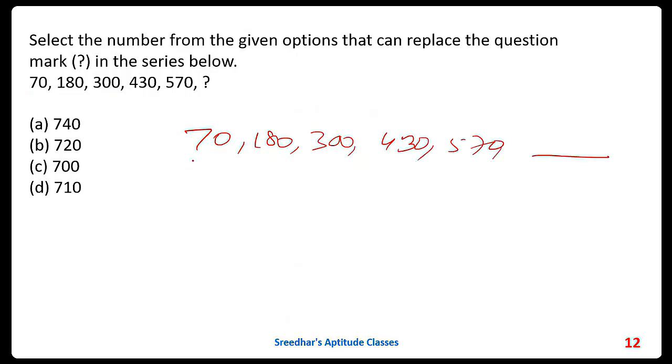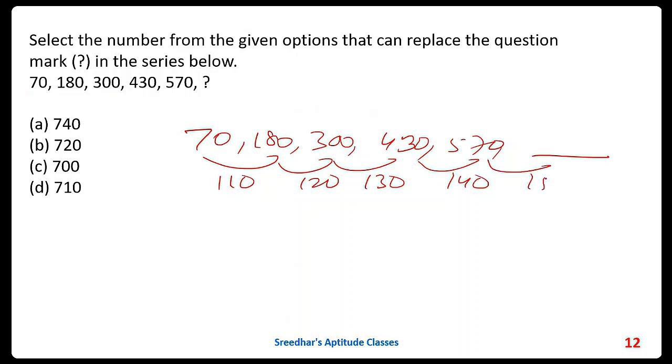You're asked to find the next number. So here the difference is 110. Next difference 120, 130, 140. It should be 150. 570 plus 150, 720, right? So it is option B again. Quite an easy number series question. The differences are gradually increasing by 10: 110, 120, 130, 140, 150.